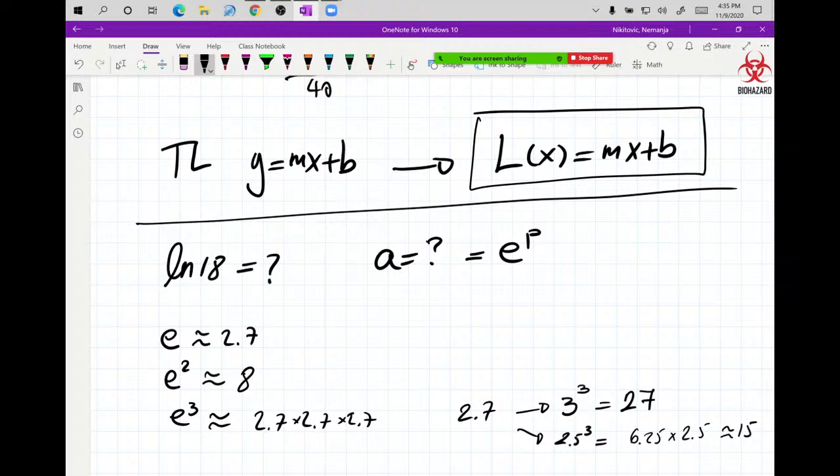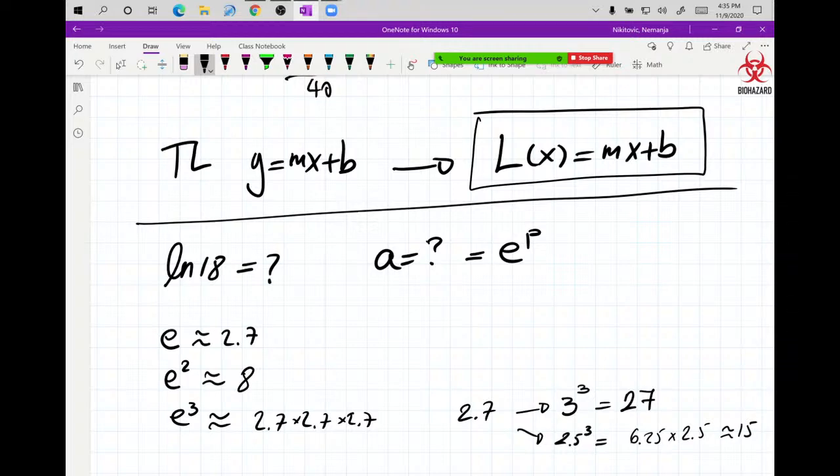Ooh. It looks like if I use e cubed, the value is somewhere around 18. I don't know exactly. It could be 16, could be 20, could be 21. I don't know. But it's that order of magnitude.